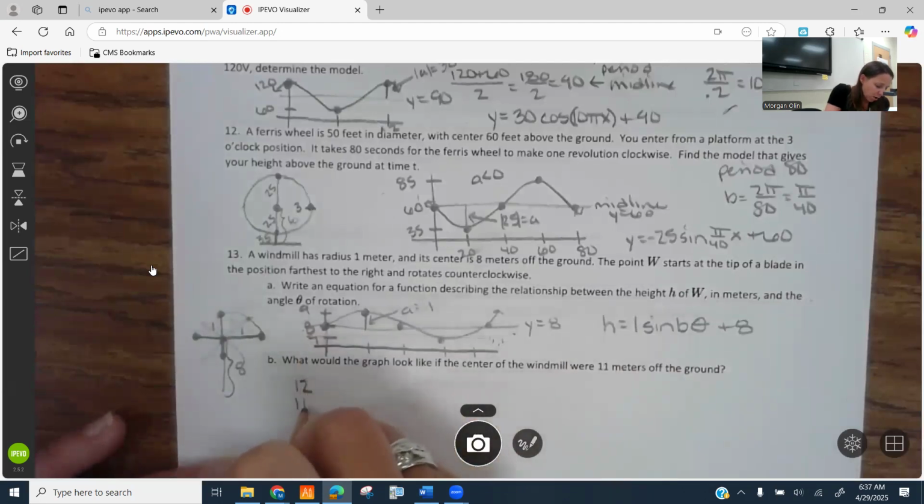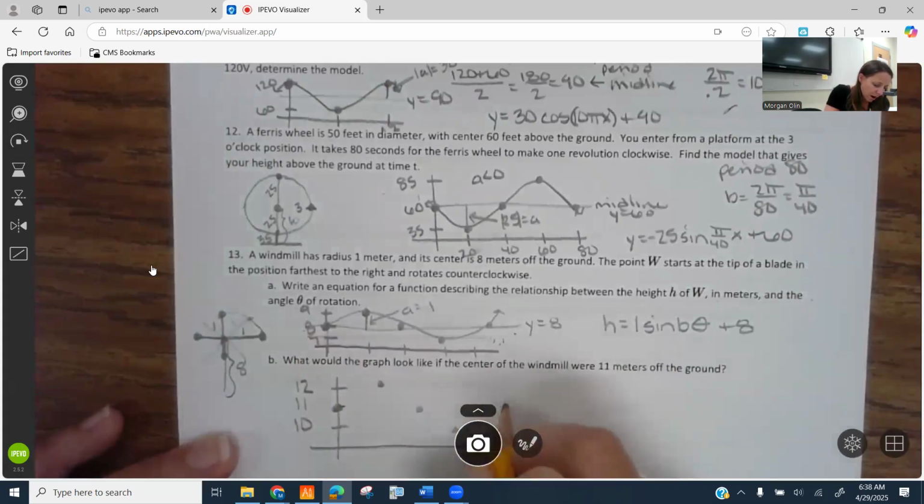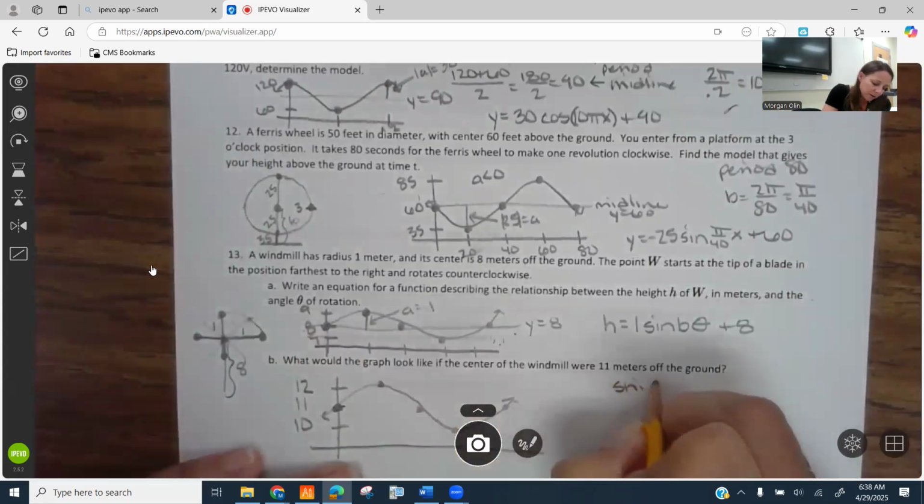And so you would have 12, 11, 10 right here. And so it would go here, we'd go back, go to 10. All right. And then back. So the graphs would look similar. It's just the whole graph is shifted up.